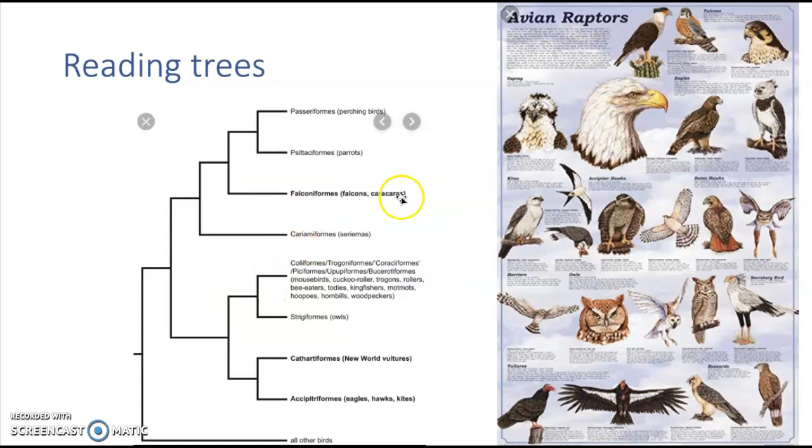So if we look at birds of prey, here's a nice little picture of them. Here's your eagle, here's your osprey, some other eagles, some hawks, kites, owls, vultures, secretary bird. They're just kind of awesome. So we can look at the phylogenetic relationships of these groups to each other. If we start down here, the Accipitriformes, these are eagles, hawks, and kites.